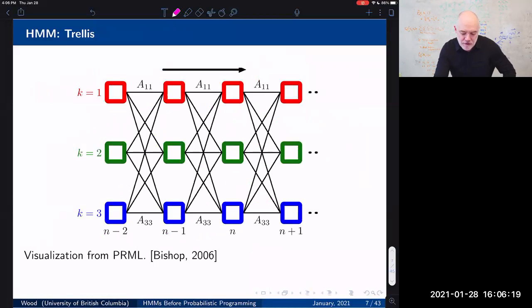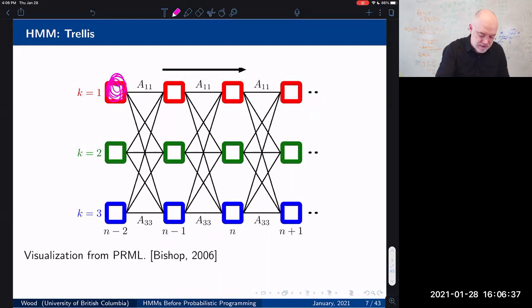Okay. You can also think about, this is not a graphical model, and I thought about removing this slide. You can also think about, particularly when you talk about inference algorithms, quite often people historically have talked about trellises, and these are basically, an HMM takes a particular path.